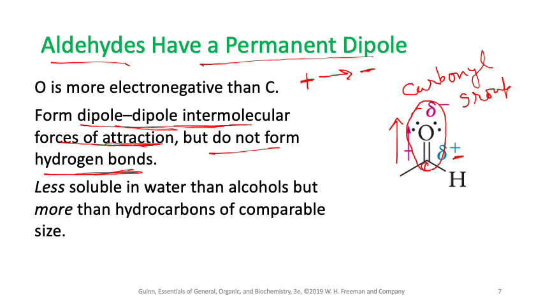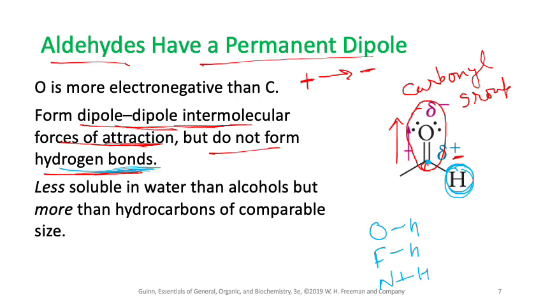If you remember, to make a hydrogen bond, a hydrogen has to be attached directly to oxygen, fluorine, or nitrogen. But in this case, this hydrogen is attached to the carbon, not to oxygen. So that's why this aldehyde cannot form a hydrogen bond, right?